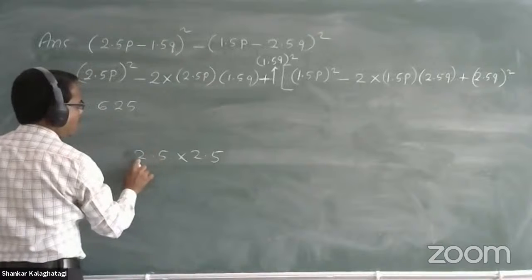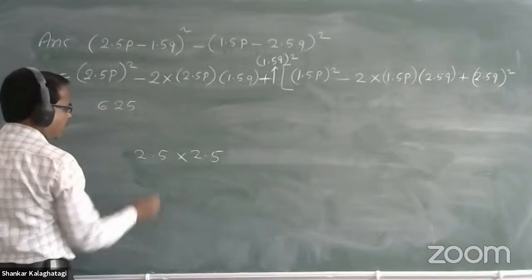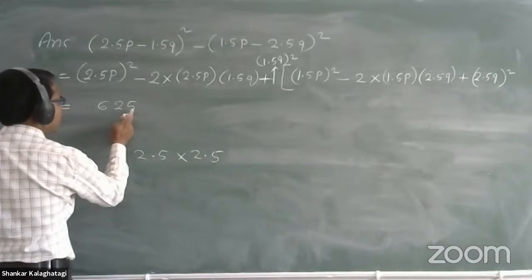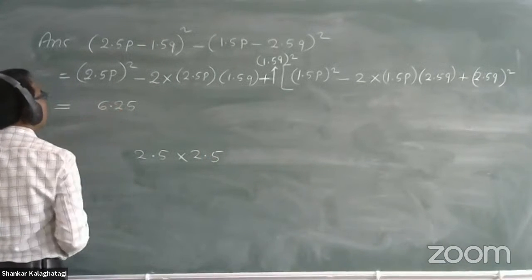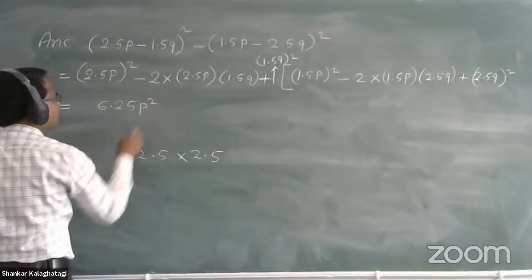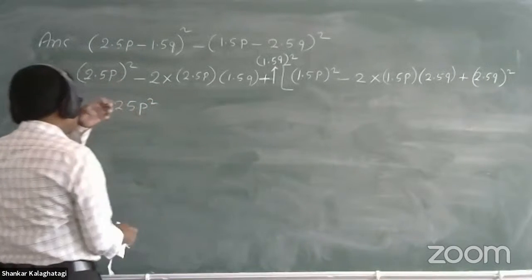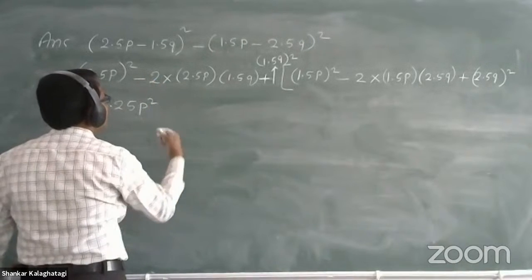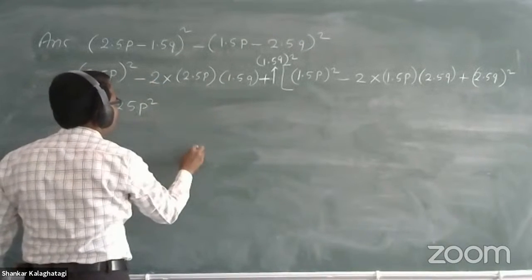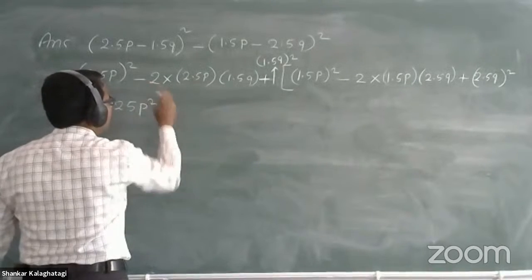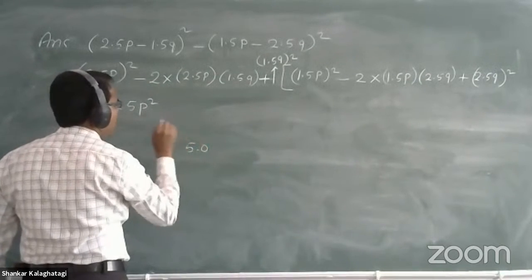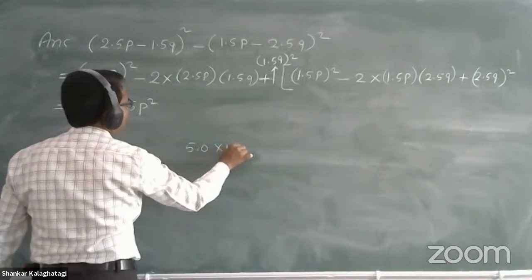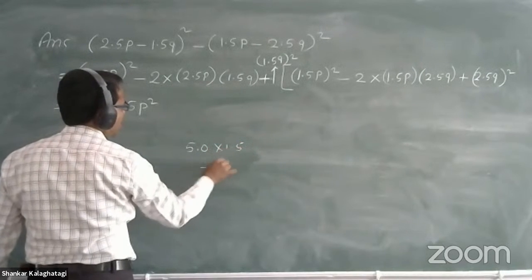Since there is a decimal point, one digit here and one digit here, you need two digits: 6.25p². Then here 25 2s are 50, means 5 into 1.5. 15 5s are 75.